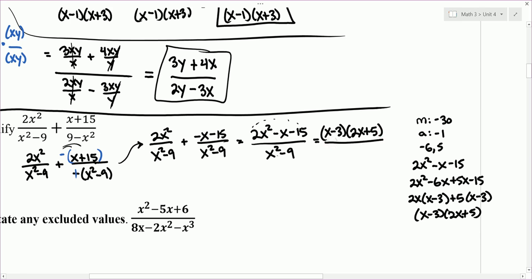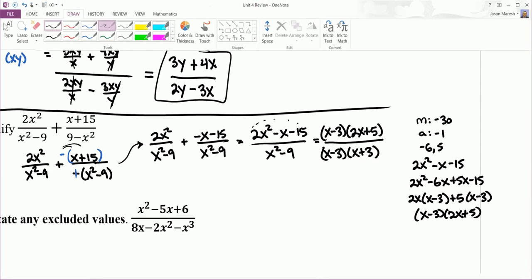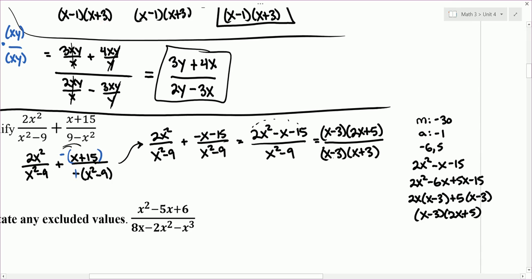The denominator is a difference of two squares that factors to x minus 3 times x plus 3. Notice x minus 3 divided by x minus 3 is 1. So we can reduce that fraction, and we're left with 2x plus 5 over x plus 3.